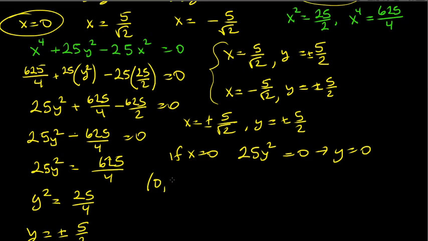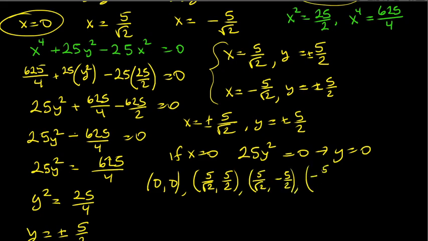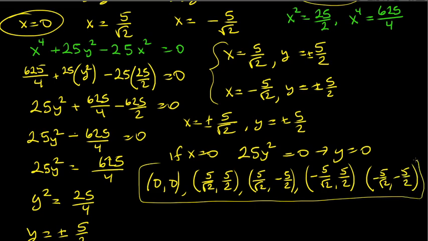Okay, so maybe 5 points. 0, 0, 5 over root 2, 5 over 2, and then let's do, yes, 5 over the square root of 2, negative 5 over 2, and then we need a negative x, negative 5 over root 2, 5 over 2, and finally negative 5 over root 2, negative 5 over 2. So 5 points where the tangent line is horizontal.